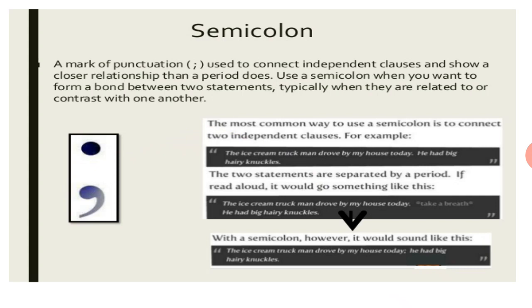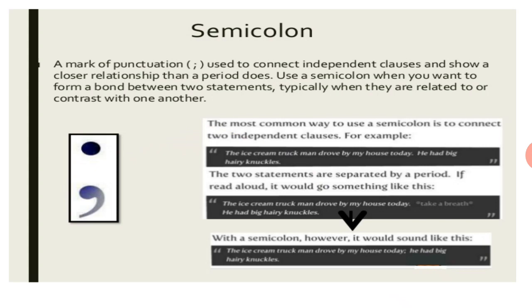First of all, you have to understand clauses: main clause, subordinate clause. For that we have to use a semicolon. Got it? At that time we have to use a semicolon.